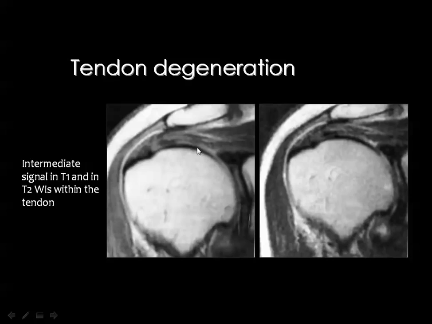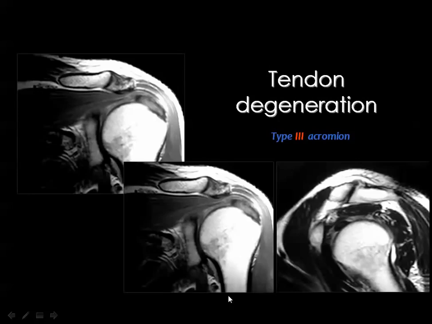Another example of tendon degeneration is the heterogeneous intermediate signal within the tendon in the T1 and also in the T2 weighted images, diagnostic of tendon degeneration. As you remember, one of the common lesions that are associated with or contributing to the degeneration of the tendon is the acromion shape, particularly the type 3 with anterior hook.